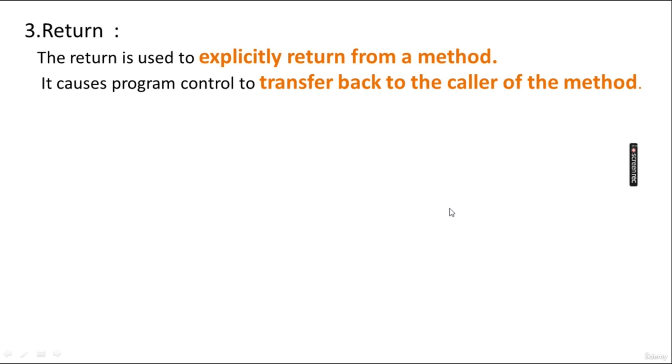But when you want to explicitly return from a method with a particular value, then you will specify a return. It causes the program control to transfer back to the caller of the method with that value. You can in between write only return semicolon, or you can return with a particular value, and program control will be transferred automatically back to the caller of the method.